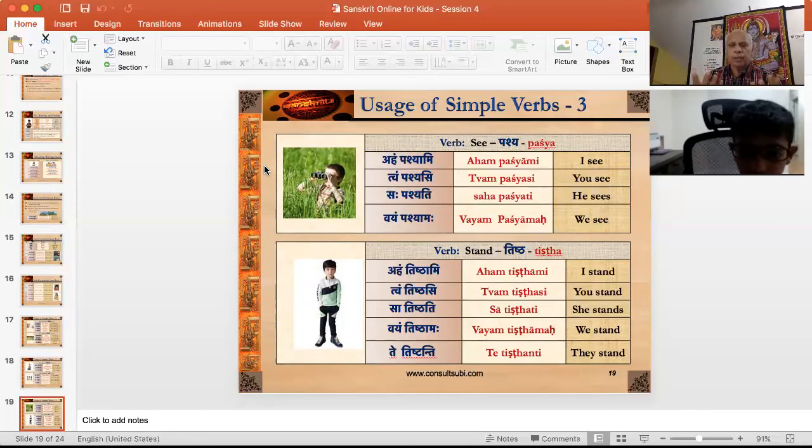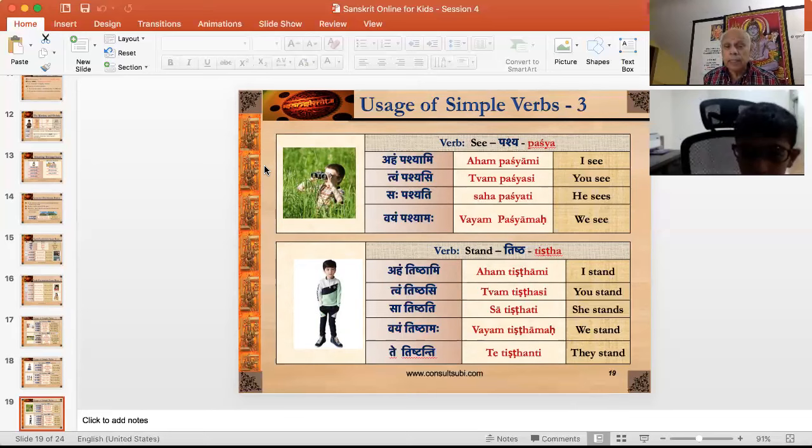Okay? Let's see. One more example. Aham pashyami. I see. Tvam pashyasi. Saha pashyati. Vayam pashyamaha. We see. Likewise, if you are standing, aham tishtami. Tvam tishtasi. Sa tishtati. Vayam tishtamaha.